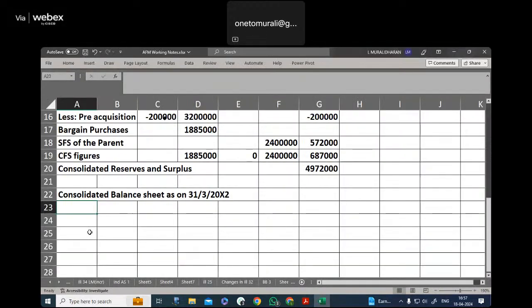PPE, non-current assets, property, plant and equipment, parent, under that, plant and machinery.